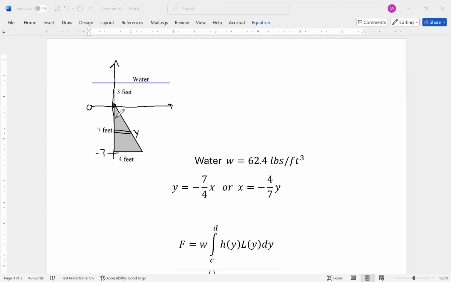That's what we want. So we're subtracting a negative. We're getting more than 3 feet in terms of depth. So that's how I would orient this. Again, this line here is the x equals negative 4/7 times y. That's that line here.